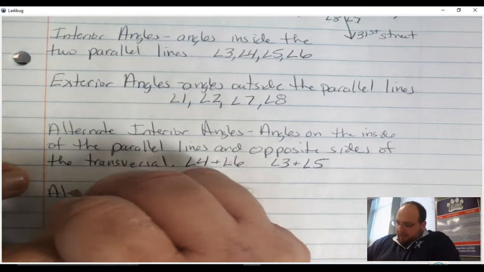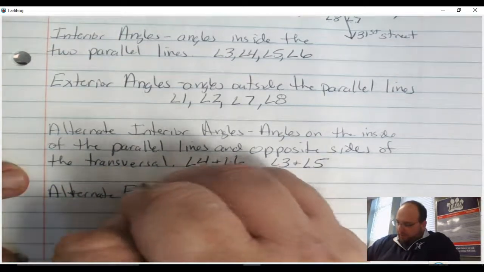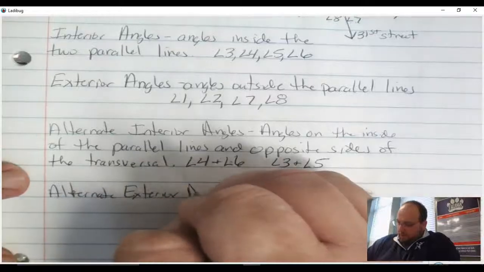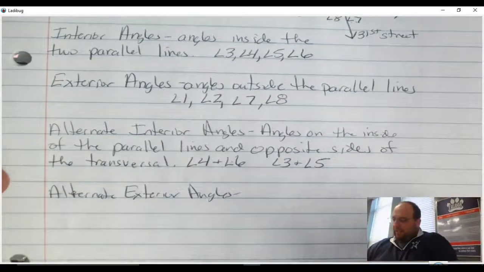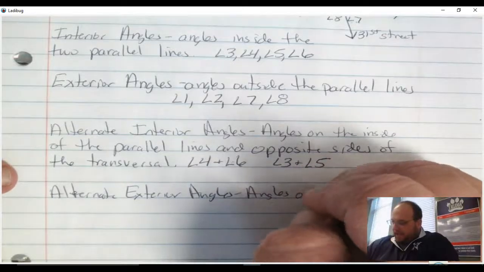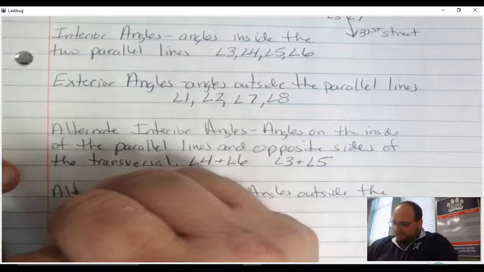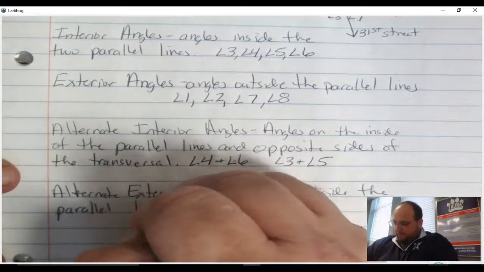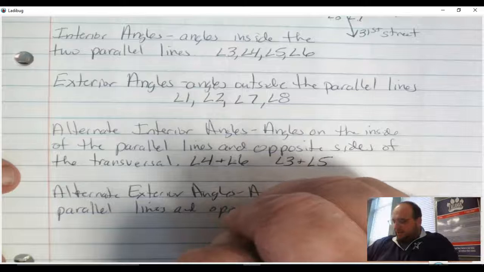Alternate exterior angles. Whew, there's a lot of vocabulary. Alternate exterior angles are just like interior, except now they're on the outside. So angles outside the parallel lines and on opposite sides of the transversal line.